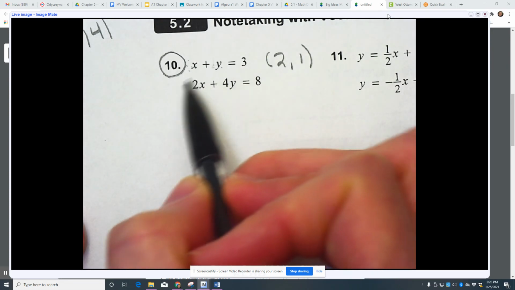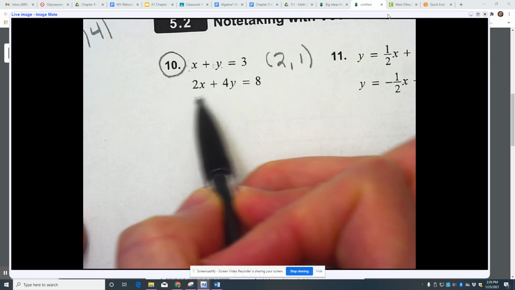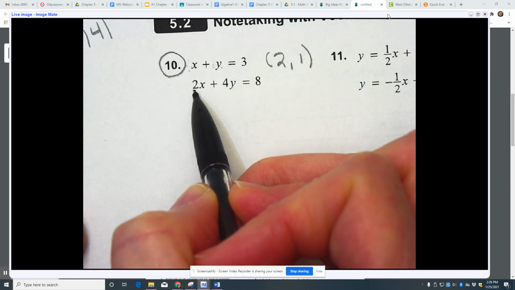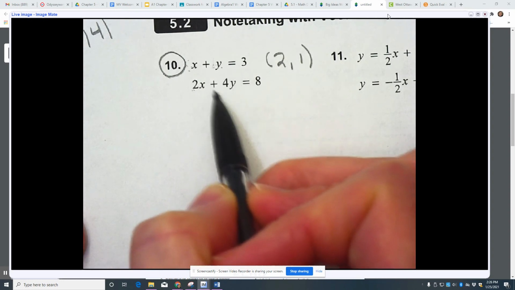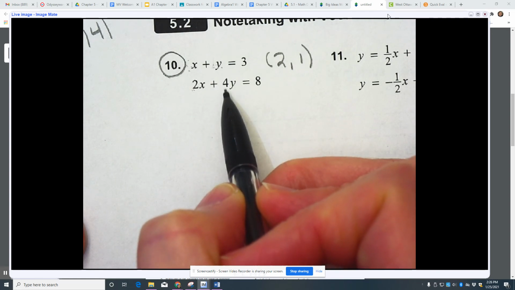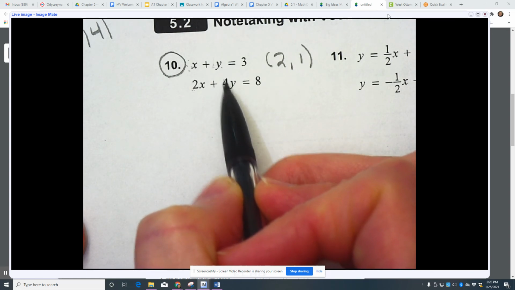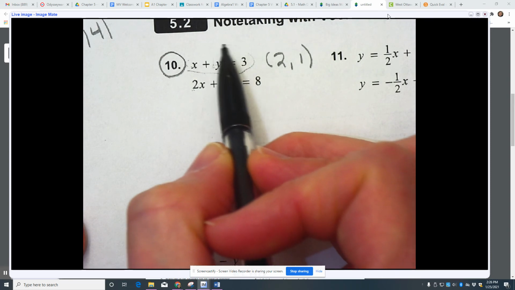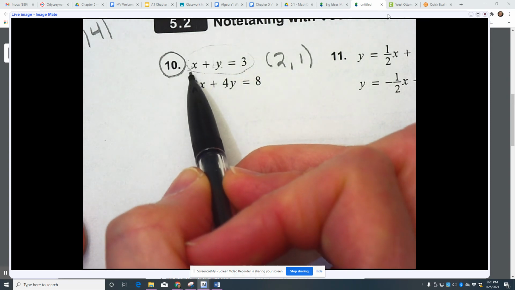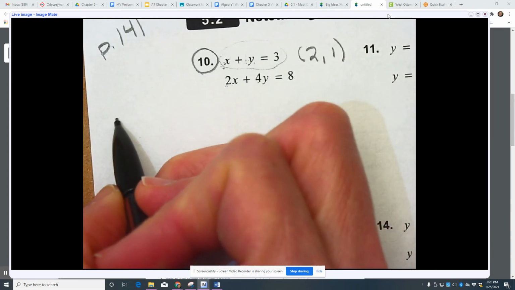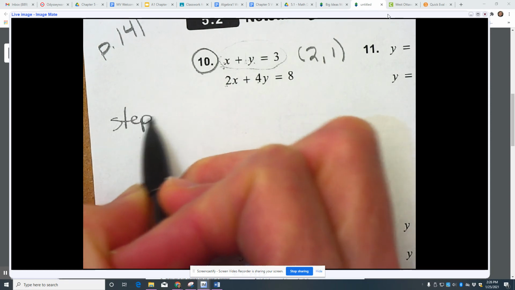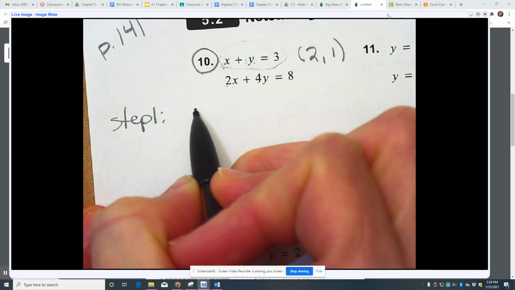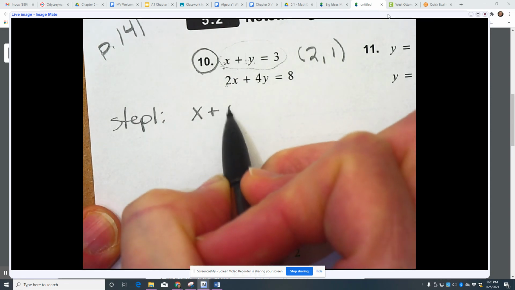But if you compare it to this, see this 2x, that's not a naked variable because I can see the 2. If you see this 4y, that's not a naked variable because I can see the 4. So if you have an equation with a naked variable, that's the one you want to do step 1 to first. So step 1, I'm going to rewrite that equation.